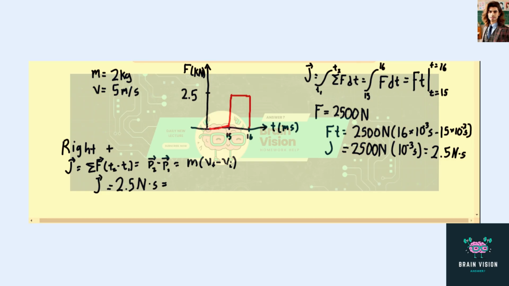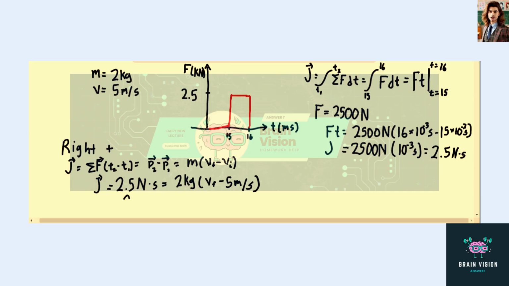And that can be equated to the mass of our stone, 2 kilograms, times the final velocity, which we are trying to find, minus the initial velocity of 5 meters per second.